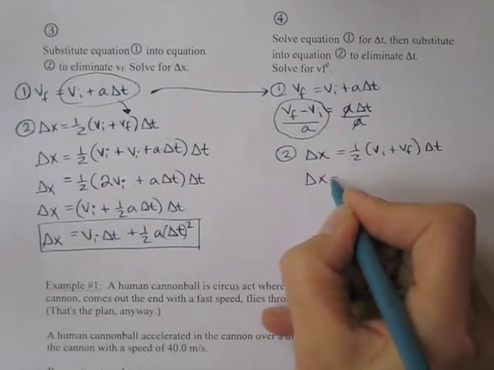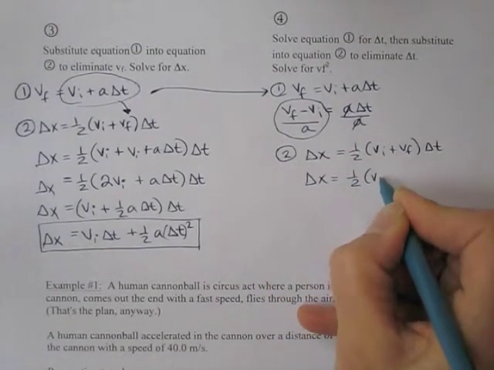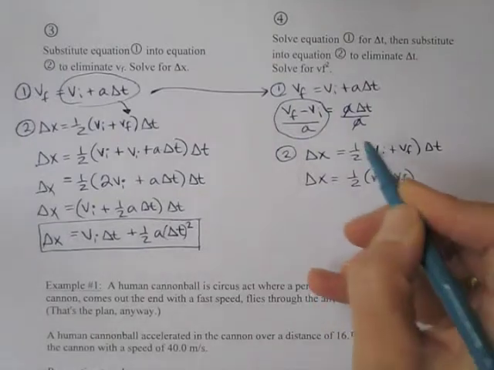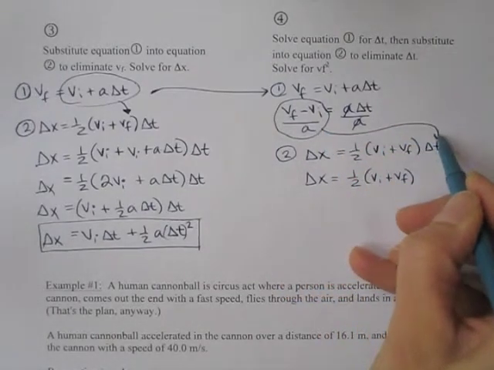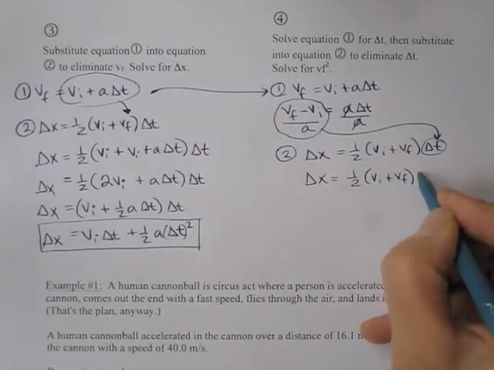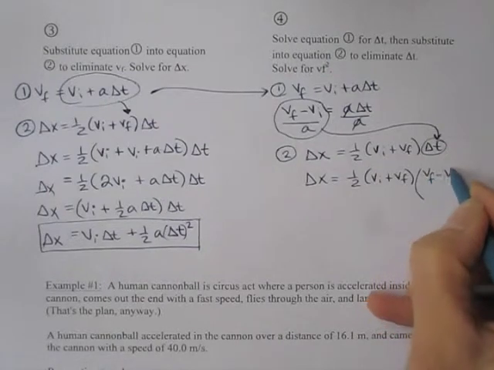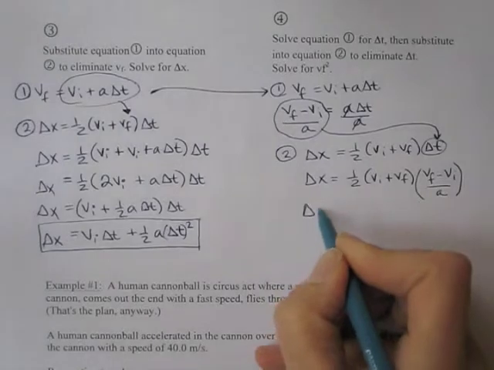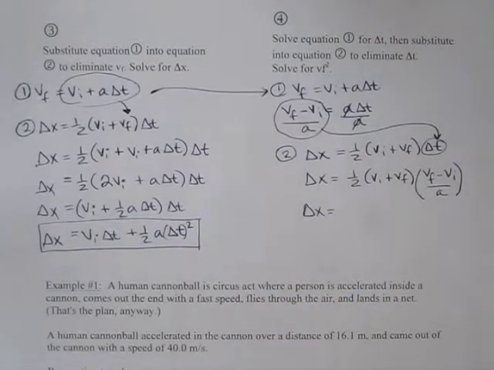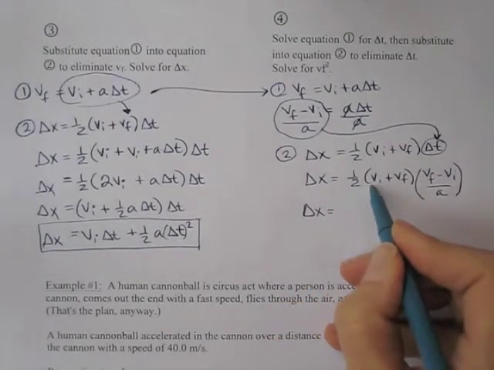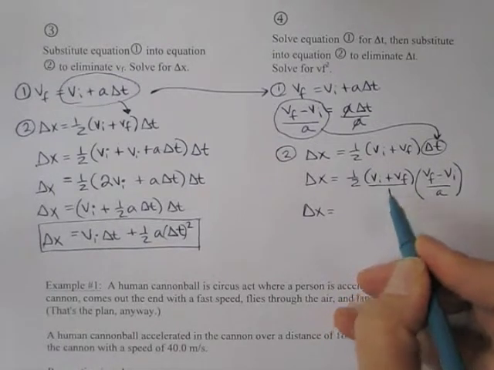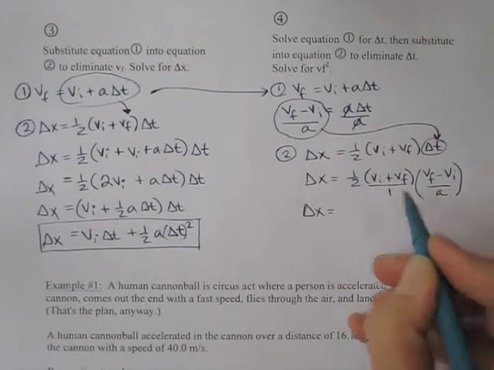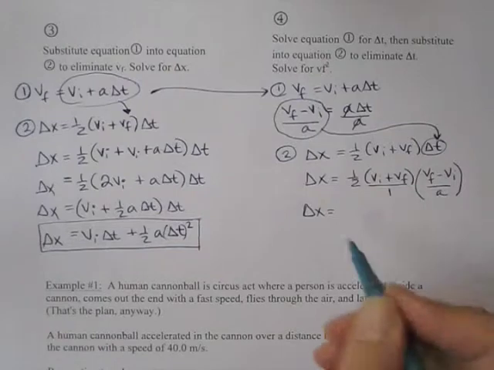And now we're going to substitute that into the second equation. So substituting, this whole thing is going to go in for delta t. So I have vf minus vi over acceleration. And we need to simplify this. So I'm going to remember that I could view this as a fraction, and I can multiply all my denominators together, and I can multiply the numerators.